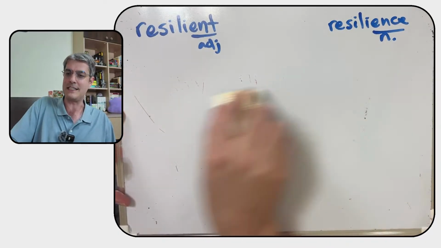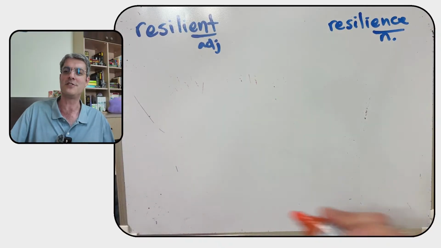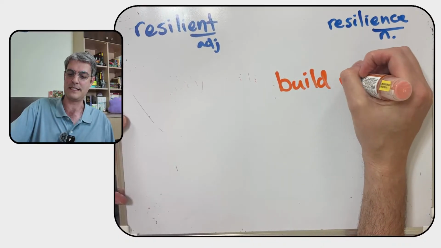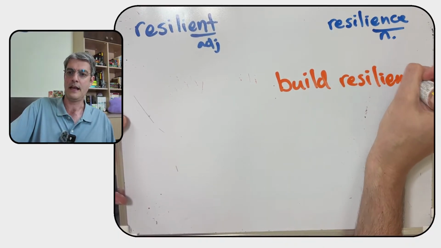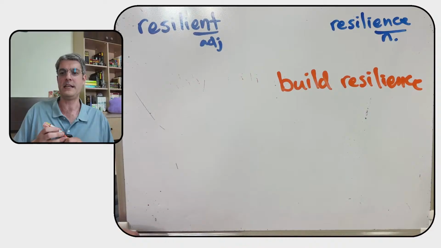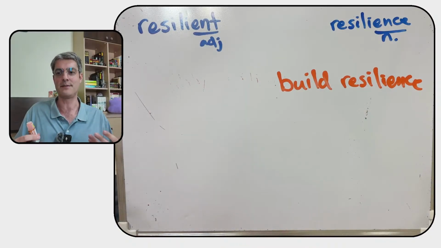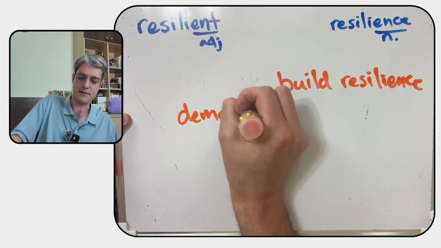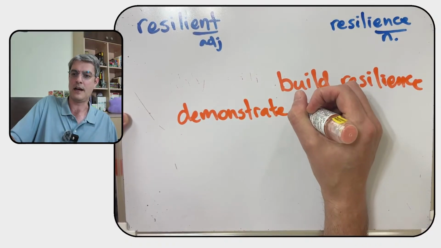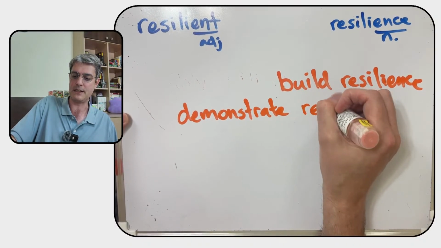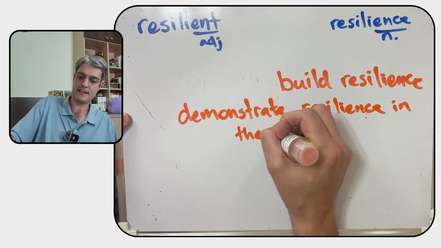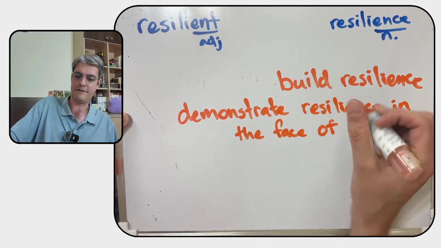And when we're talking about resilience, I'm going to do 2 special collocations here. We talk about build resilience. And so this would be to be able to adapt better than you did before, to build your resilience. And a good expression is to demonstrate or show resilience in the face of adversity.